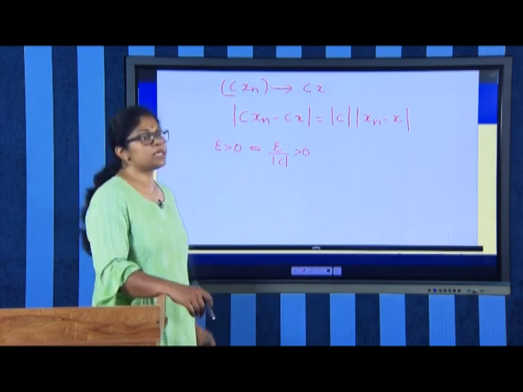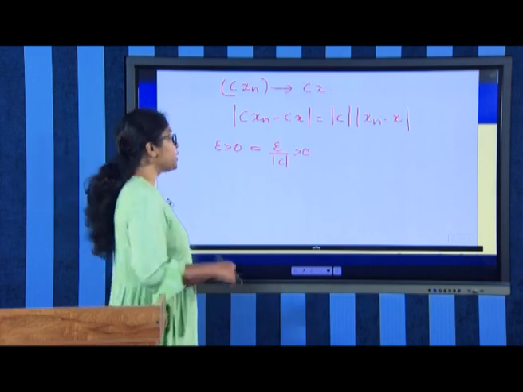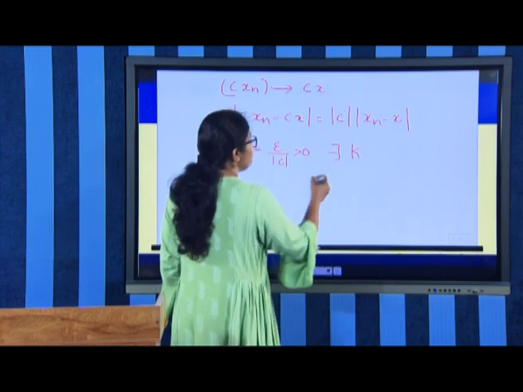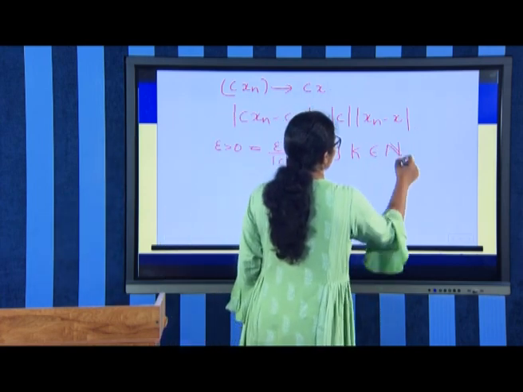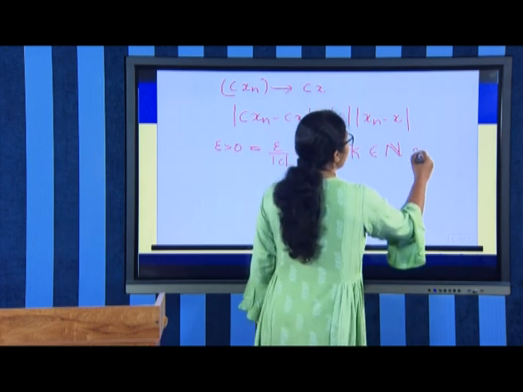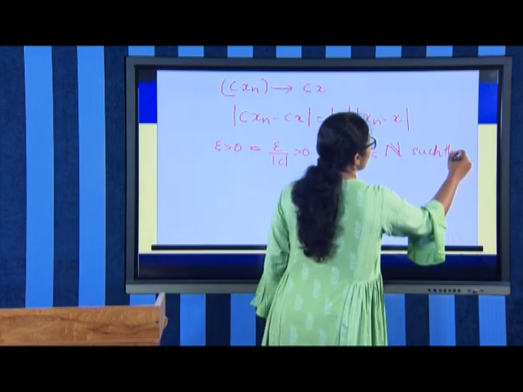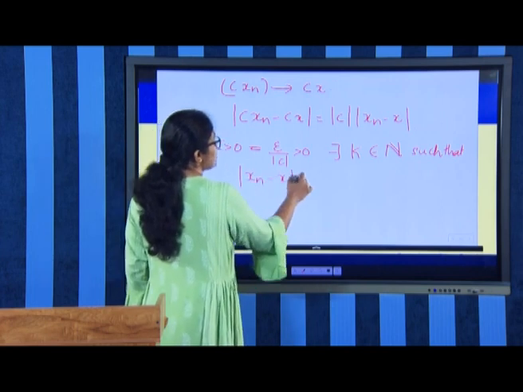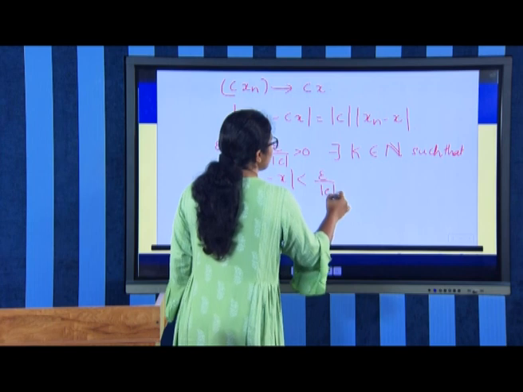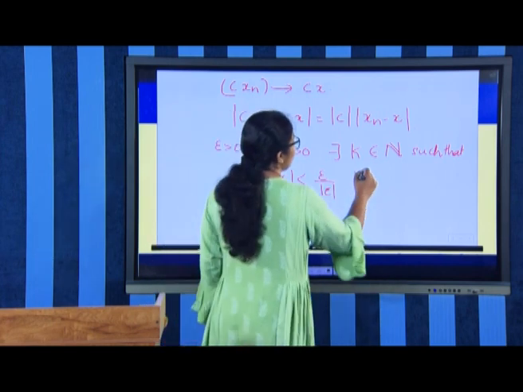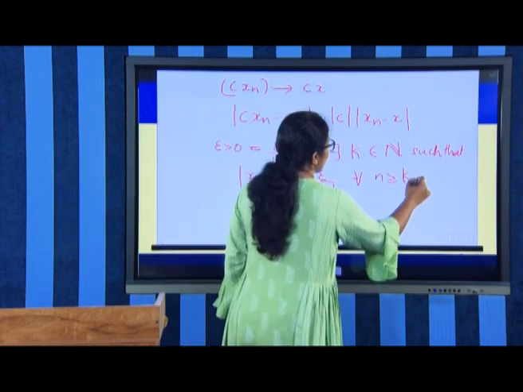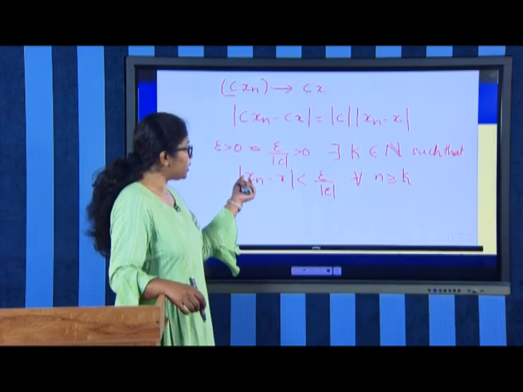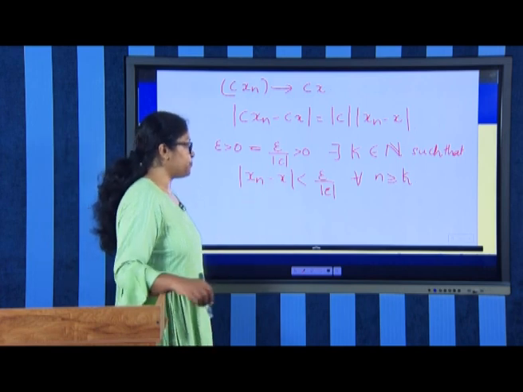So, here we can choose epsilon to be epsilon by mod c, and that is definitely greater than 0. So, there exists a k belonging to the set of natural numbers such that modulus of xn minus x is less than epsilon by mod c for every n greater than or equal to k. Why does this follow? Because of the definition of limit, and we are given xn converges to x.